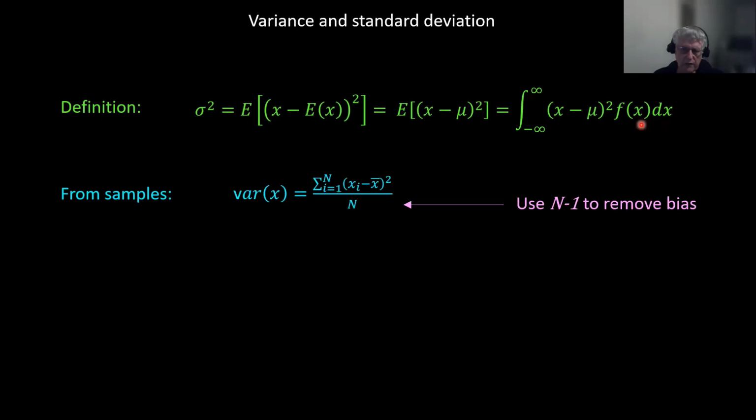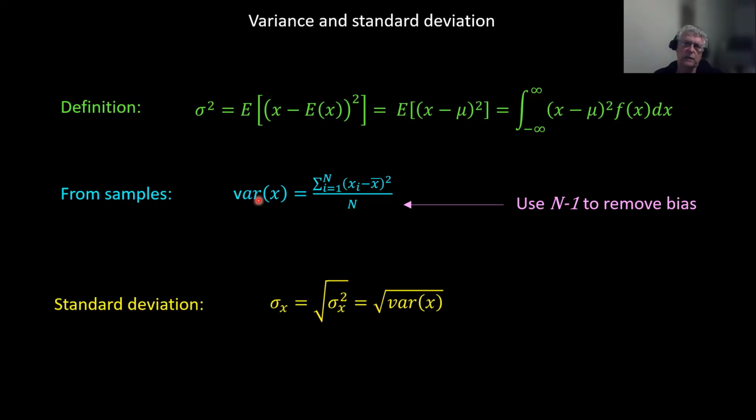If we don't know fx, the probability density function, but have a whole lot of samples of that random variable, we can calculate an approximation to the variance by summing up xi minus the mean of x squared, dividing by the number of samples, or n minus 1 more properly, to obtain an empirical approximation to the variance of that random variable. The standard deviation, which is a little more convenient because it doesn't involve the square, is just the square root of the variance.